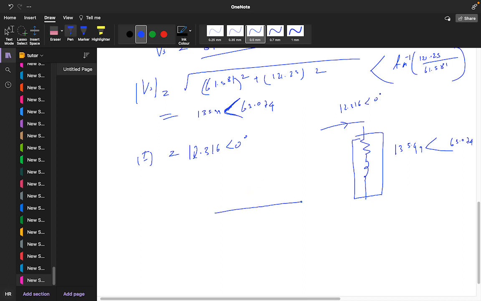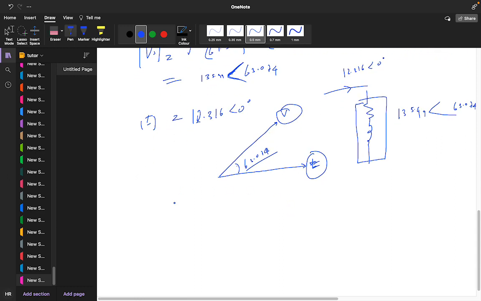If you draw this in the phasor, the current is this, and your voltage is leading by 63.074. So the angle between load voltage and current will give you the power factor. So cos 63.074 is how much? This will be your power factor. Solve it and get the result.